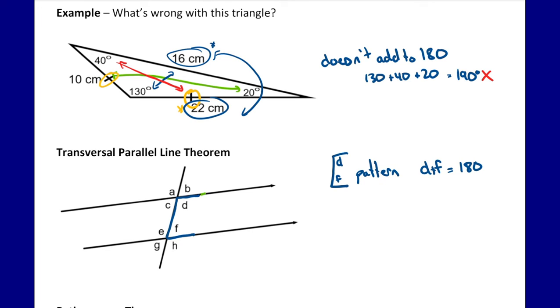Another one is the Z pattern. Z formed that way, or because we know Z looks more like this, that also works. It could be backwards as well. So we have C and F. In this case, angle C equals angle F. And then finally, we do have the F pattern.